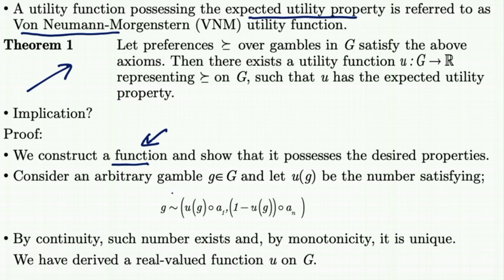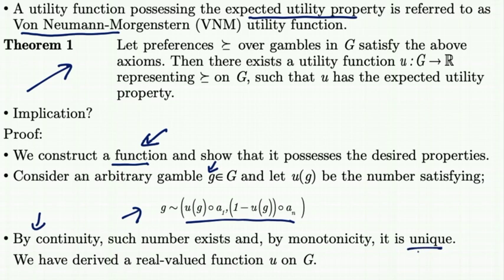So let's say we have an arbitrary gamble, call it G, and this G is an element in the set of all gambles, capital G. And then let's say we have the utility of this gamble, call it U(G), and these two satisfy the following, such that this gamble G is in an equivalence relation with this: a utility of G composite of outcome 1, and 1 minus the utility of G composite of outcome N. Okay, so the first thing, by the property of continuity, if you can remember the first axiom, such a number exists, and by monotonicity, it is unique.